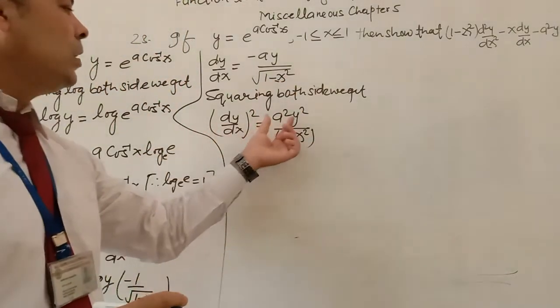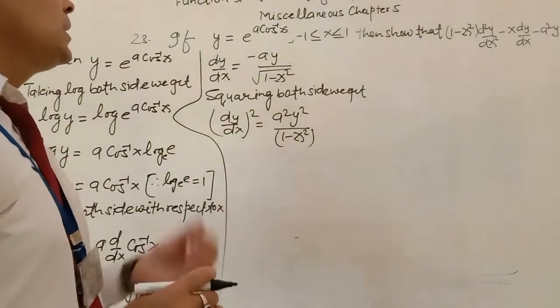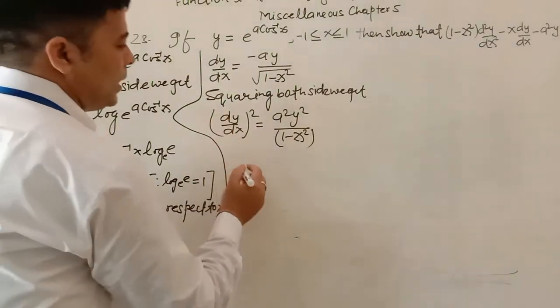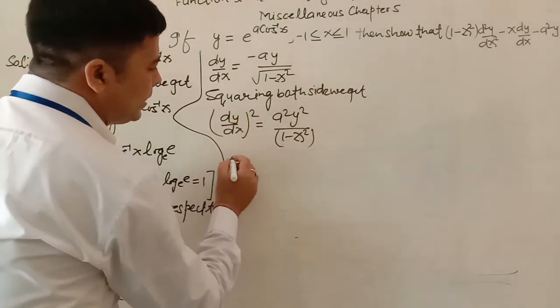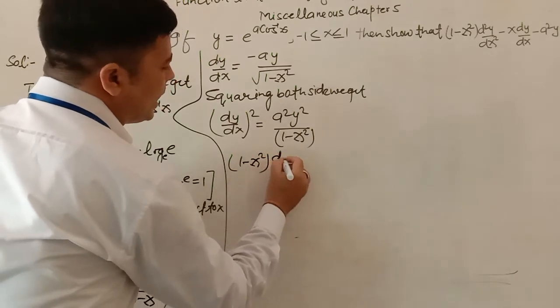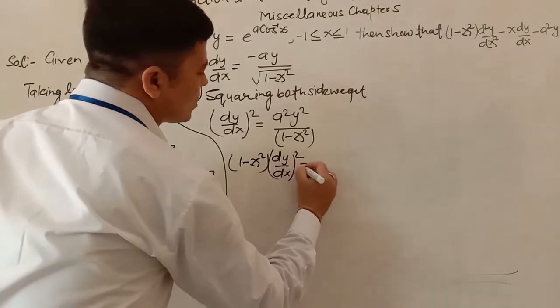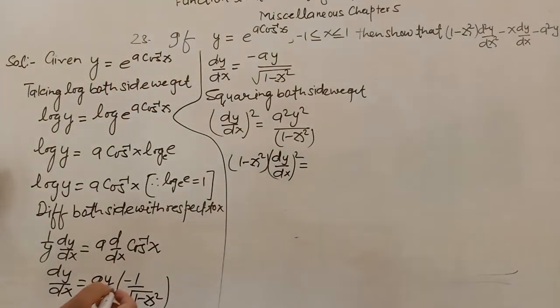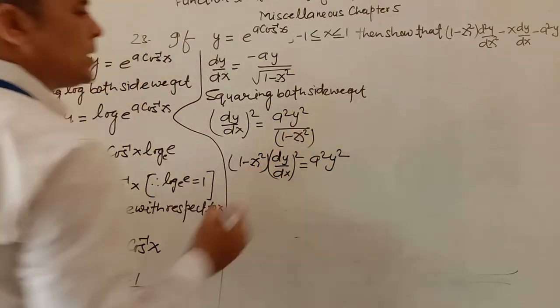Taking out 1 minus x square here, this is 1 minus x square into dy upon dx whole square is equal to a square y square.